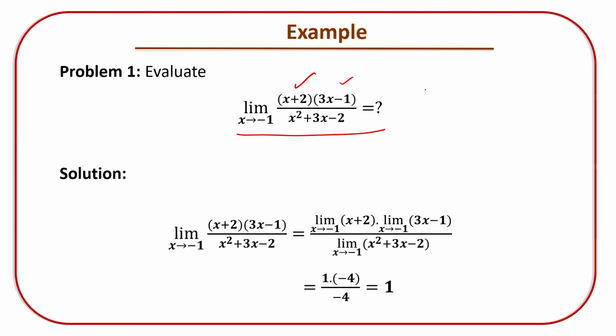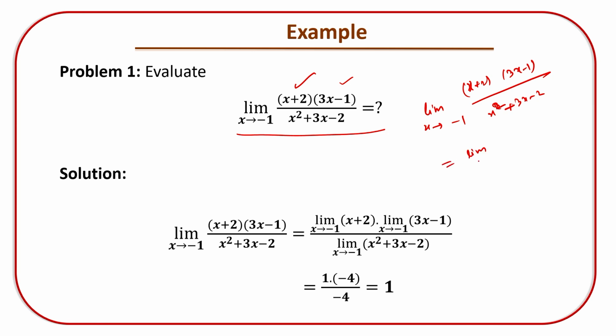So, I will use the algebra of limits. The algebra of limits gives me the assurance that I can use these, x + 2 into 3x − 1 divided by x² + 3x − 2, individually.